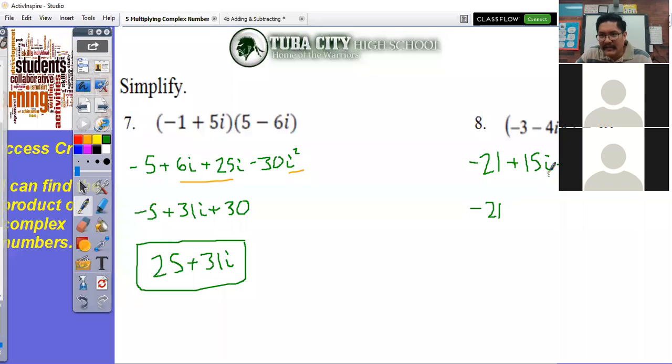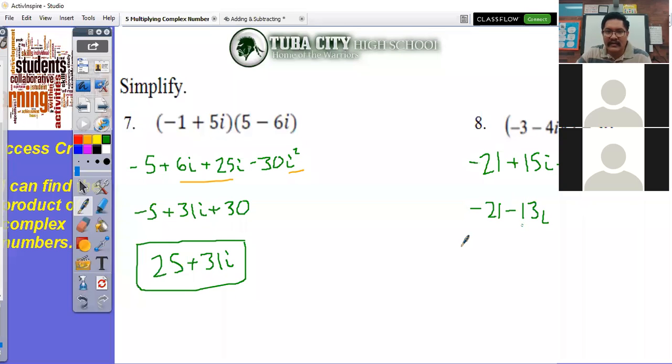All right, so for now I can leave this the same. And 15 minus 28. This is kind of a weird one to do in your head. So I'm just going to take 28, which is the bigger number, not the greater number. 28 minus 15 is 13. And since the sign on the bigger number is negative, it's going to be negative 13i.